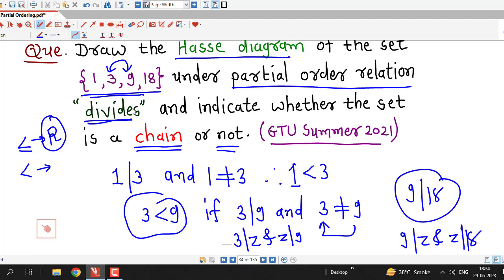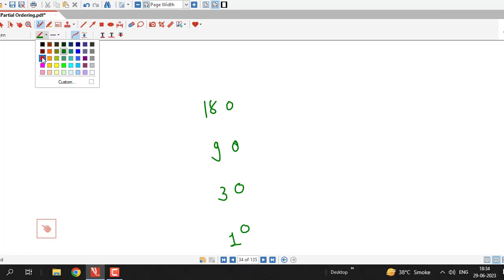And here we first try to draw the Hasse diagram. Each element has a cover. If I consider 1 and 3, then 1 divides 3 and 3 is a cover of 1. Similarly 9 is a cover of 3 and 18 is a cover of 9. Whenever one element is a cover of another element, we join them by a line.